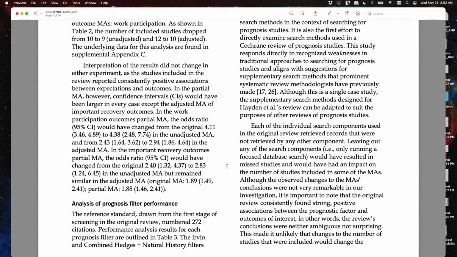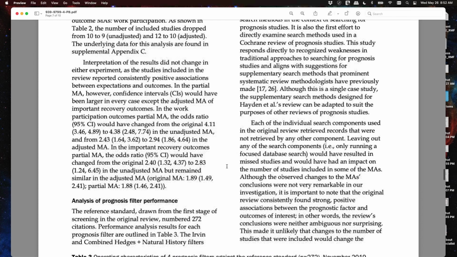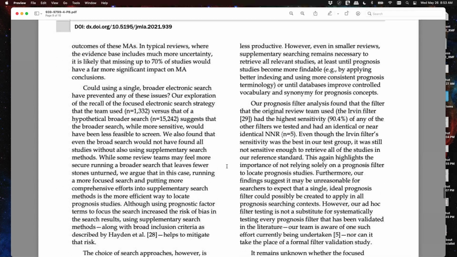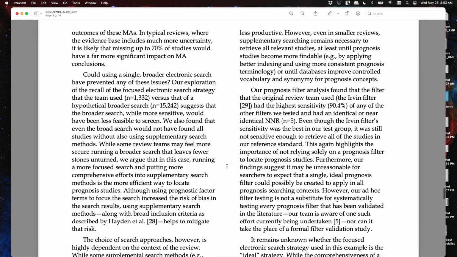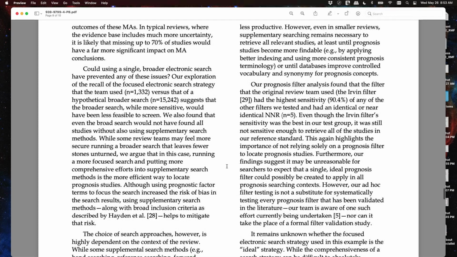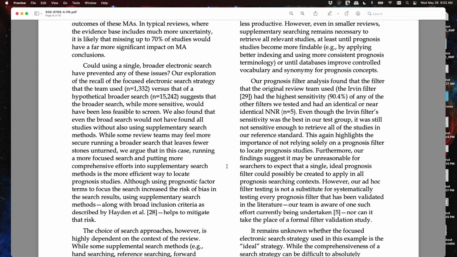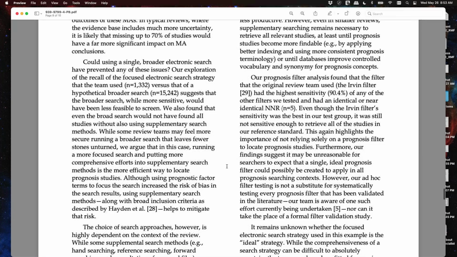Yeah, and then I think in the last paragraph, they say something which has got me thinking, actually. First of all, they say future research on prognosis search methods could conduct a more rigorous and real-time comparison of traditional versus supplementary search methods. Well, my first thought was, even more rigorous? I think they're being very modest here, because I think this paper is very rigorous already. And then the real-time comparison.